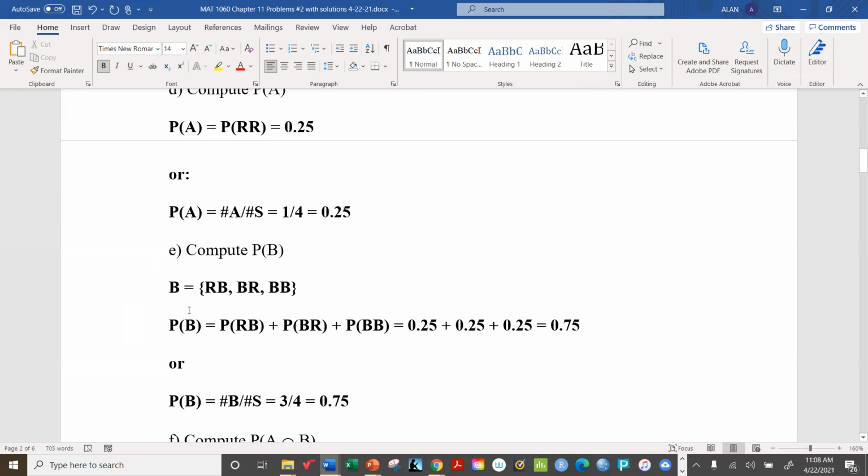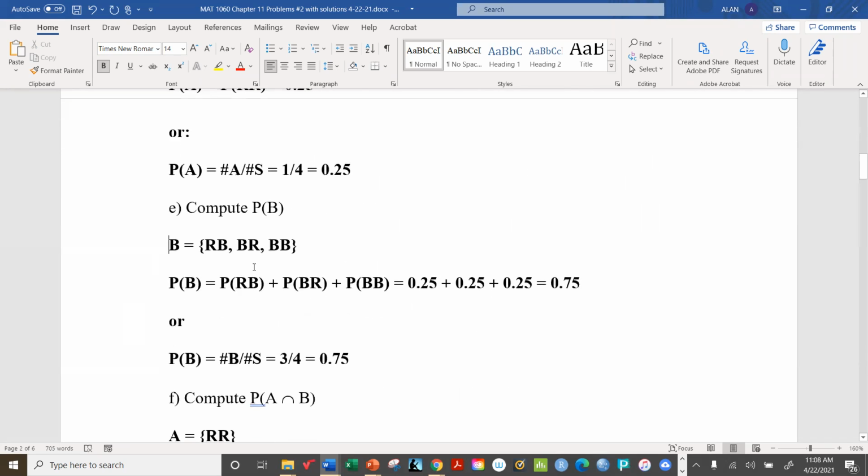And so therefore we can calculate the probability just from the individual probabilities. 0.25 plus 0.25 plus 0.25 equals 0.75. And again, we have the option of just saying, well, there's three elements here out of four in the entire sample space, all of which are equally likely. So therefore, I can think of that as 3/4 or 0.75. Okay, so either way, you'll get the same thing.